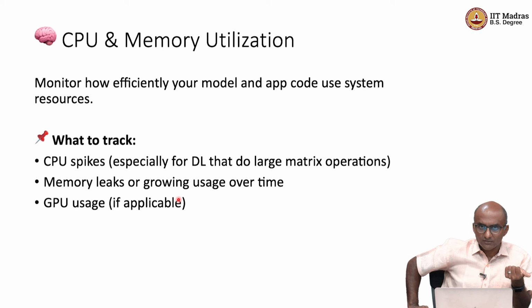Then memory leaks or usage that grows over a period of time. Now, with Python-based models, you may not see that often, but it really depends on the libraries that you import, right? That are dependencies of your model. Those libraries in turn might be using certain structures. They might be implemented using certain algorithms or languages, which make the problem of memory leak quite intensive. So keep a watch on that.